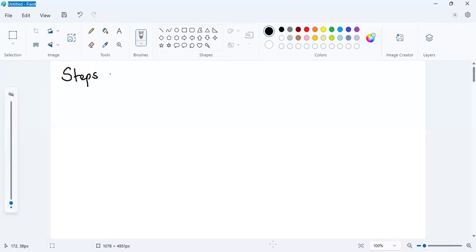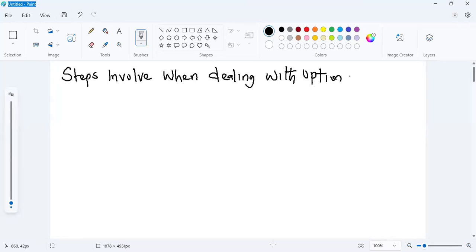Steps involved when dealing with option to delay. Step 1.